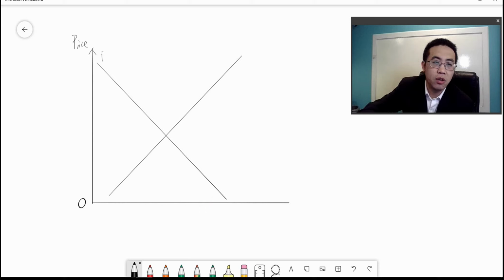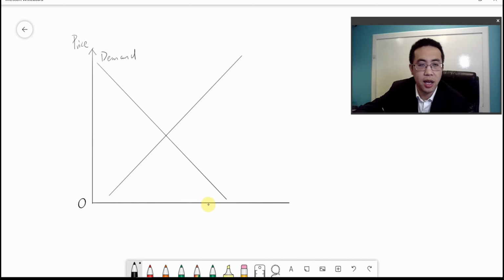This downward sloping curve is what we call demand. When the price is high, the demand is pretty close to zero, but when the price is low, the demand is pretty high, because when the price gets higher, fewer and fewer people can afford the product.